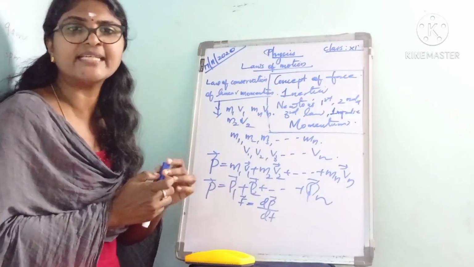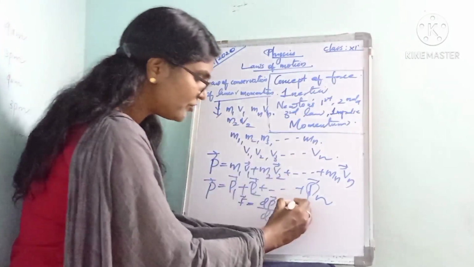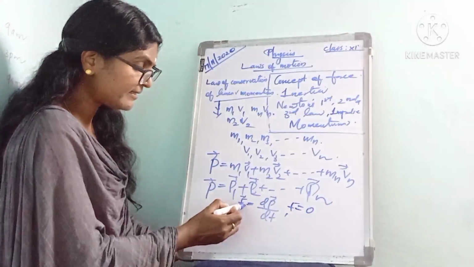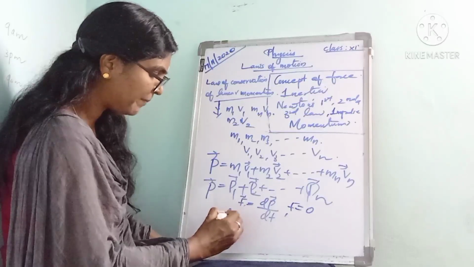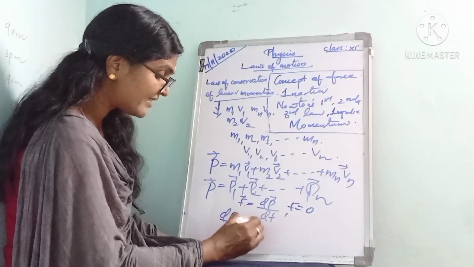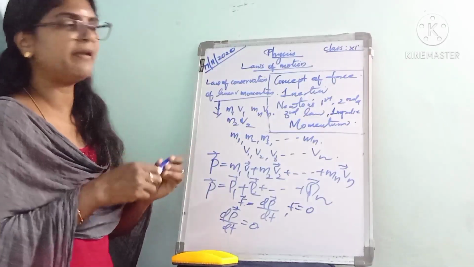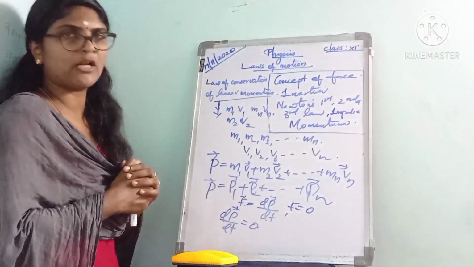Then what is the force acting on that system? F equal to 0. And in this equation, F equal to 0 means dP by dt is equal to 0.